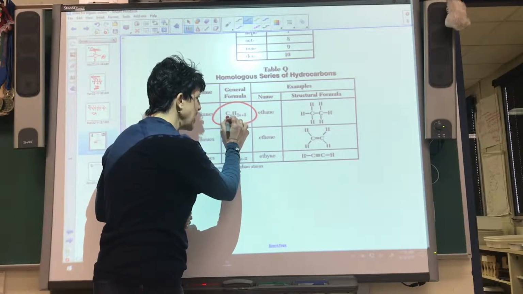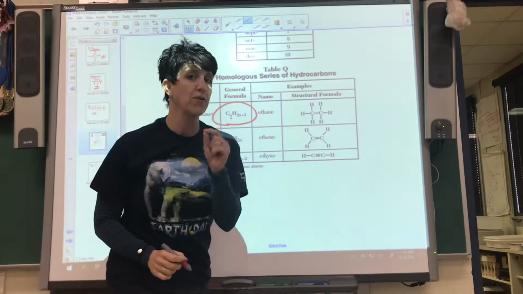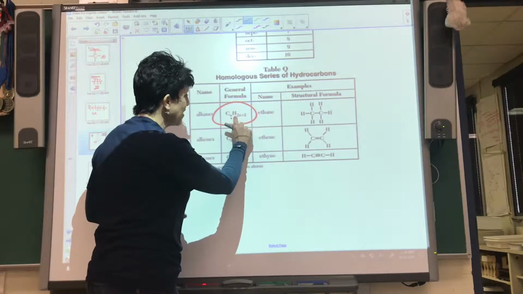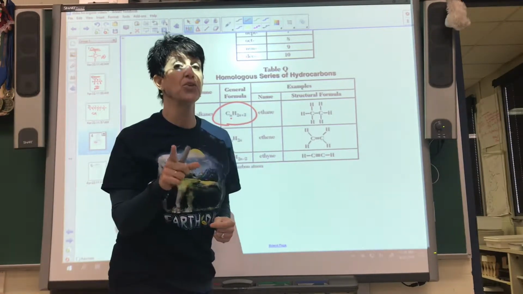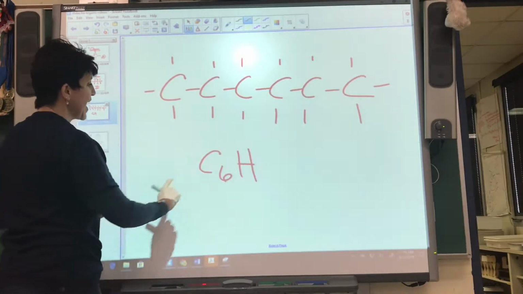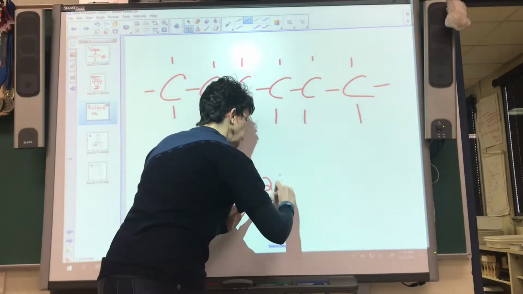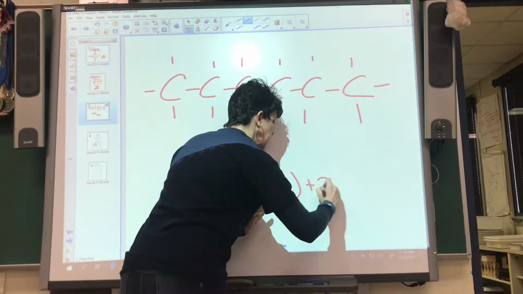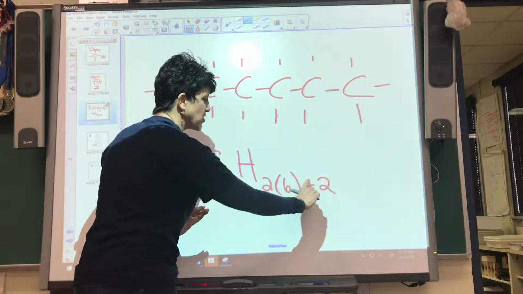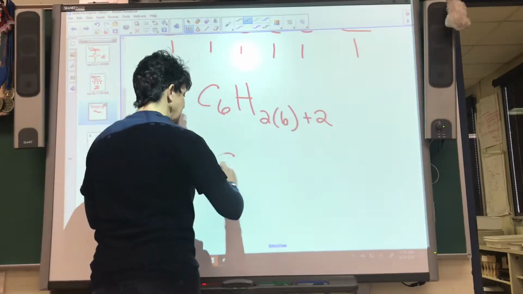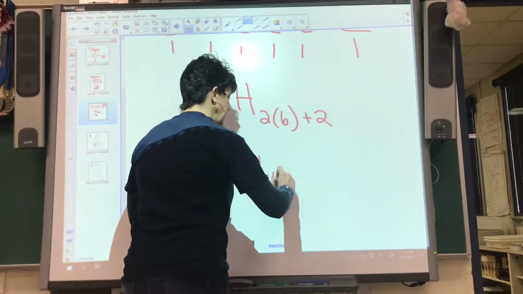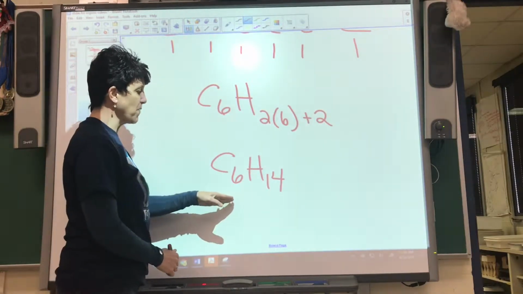So for every N, that means for every carbon, you are going to have double it plus 2 hydrogens. So let's work that out. If this is 6, this is 2 times 6 plus 2. So 2 times 6 is 12, plus 2 is 14. C6H14. That would be my formula.